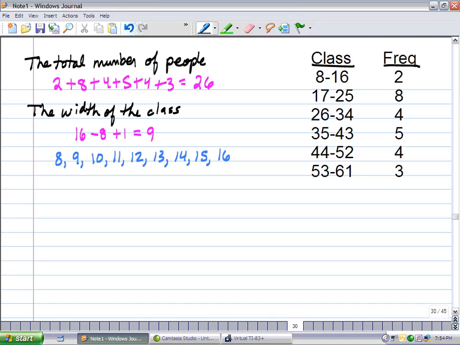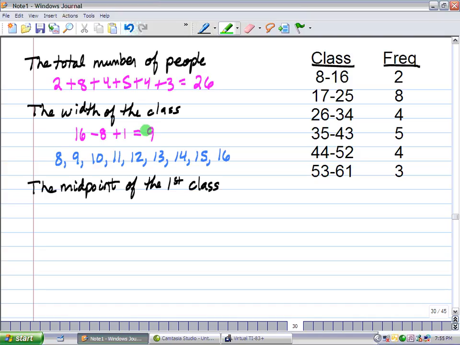Okay, what about the midpoint of a class? We'll say the first class. Midpoint would be the one in the middle. Since the class width is 9, there's an odd number of them.